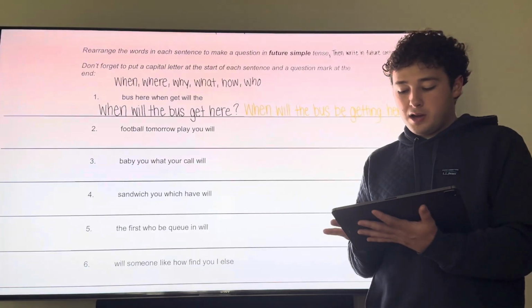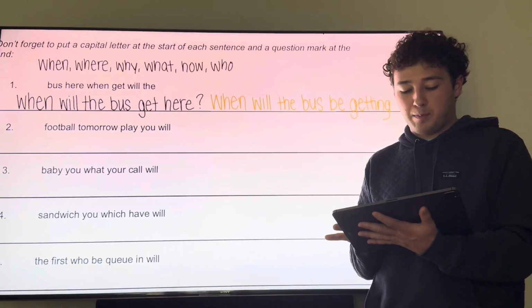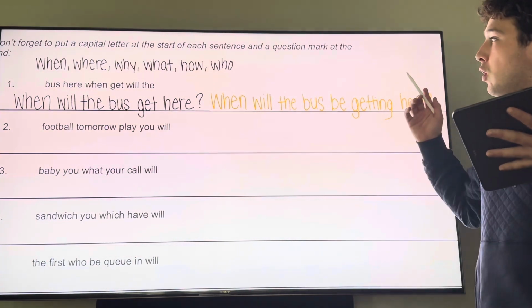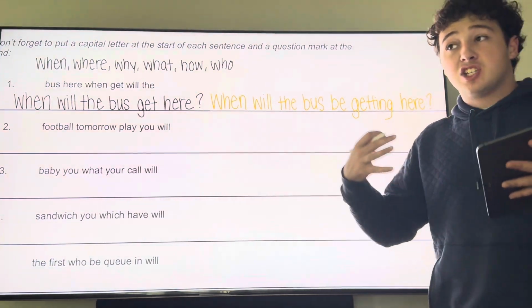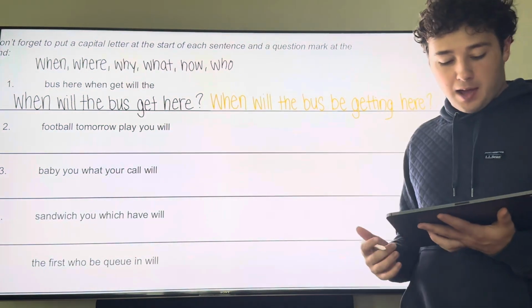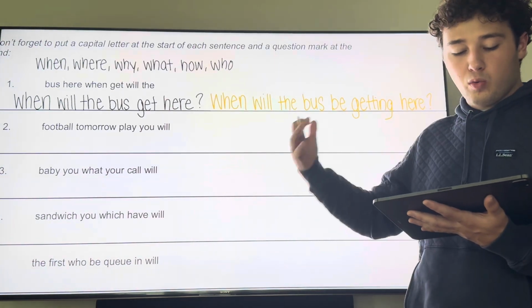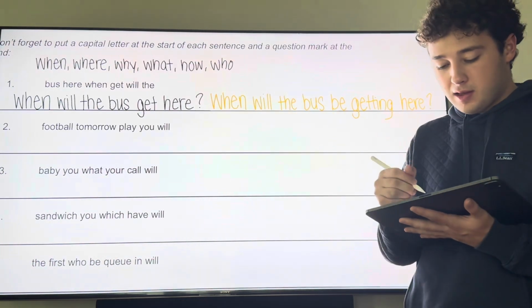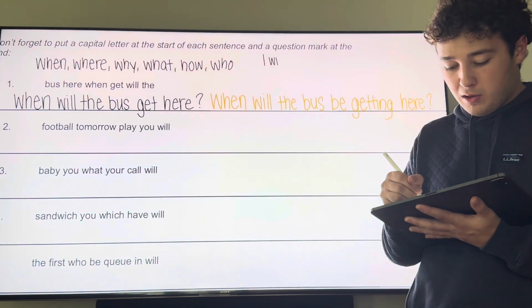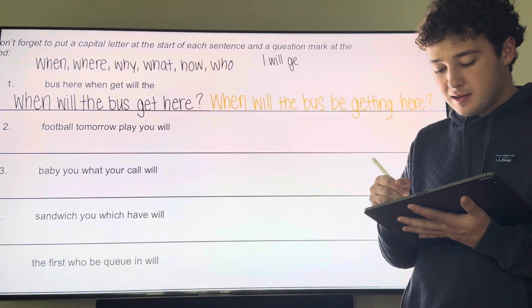So, notice this important difference as well. When you have a statement, you say, I will get there.